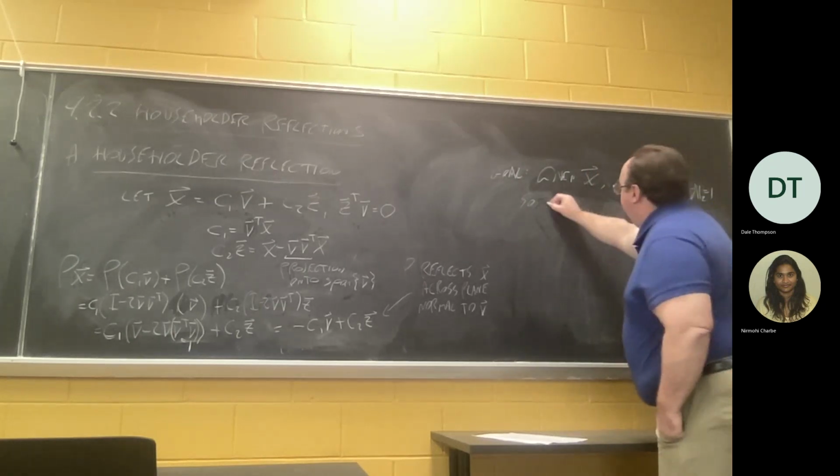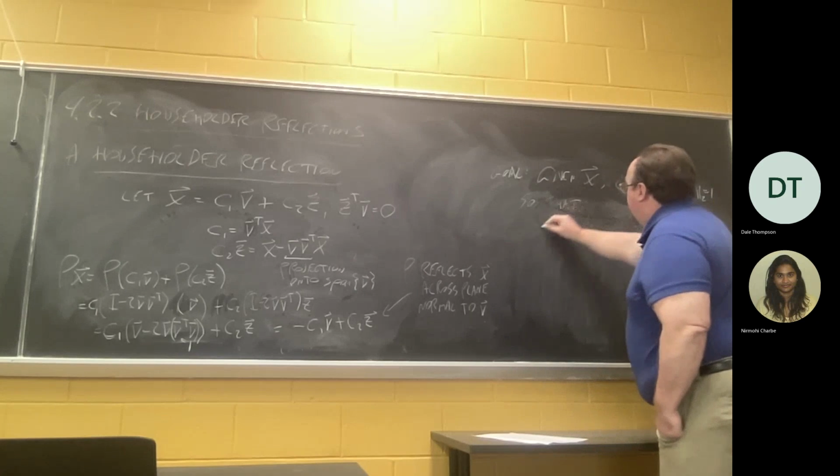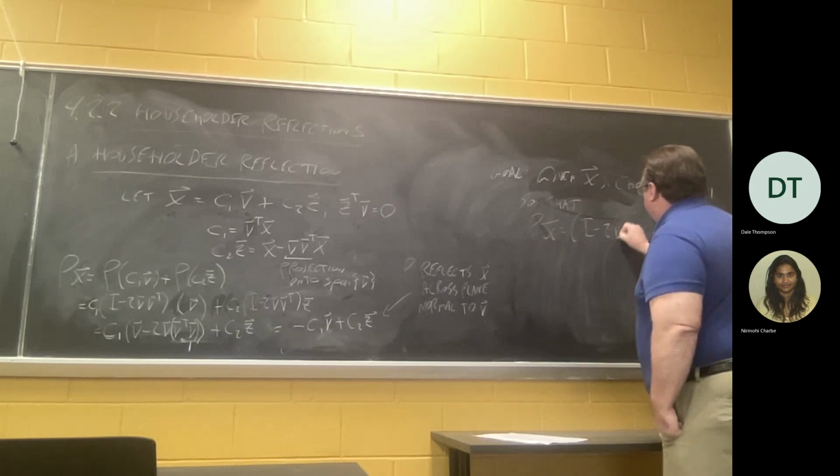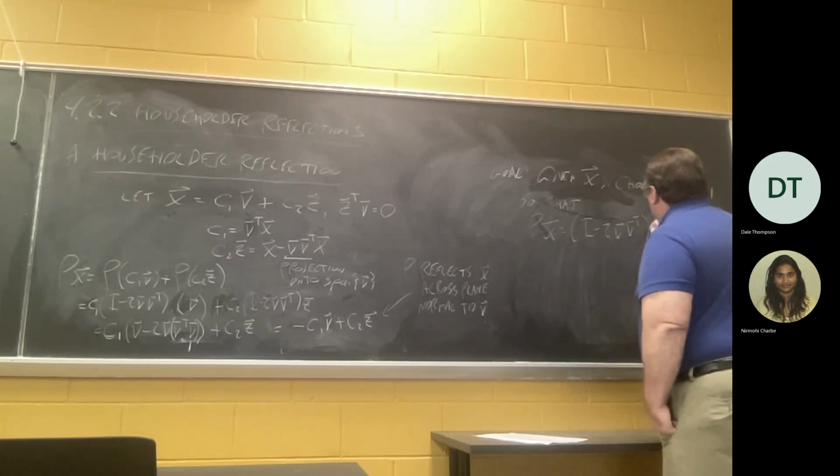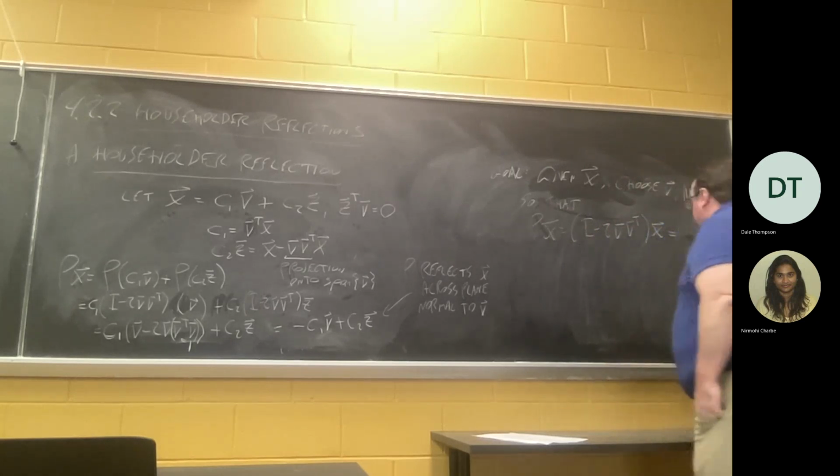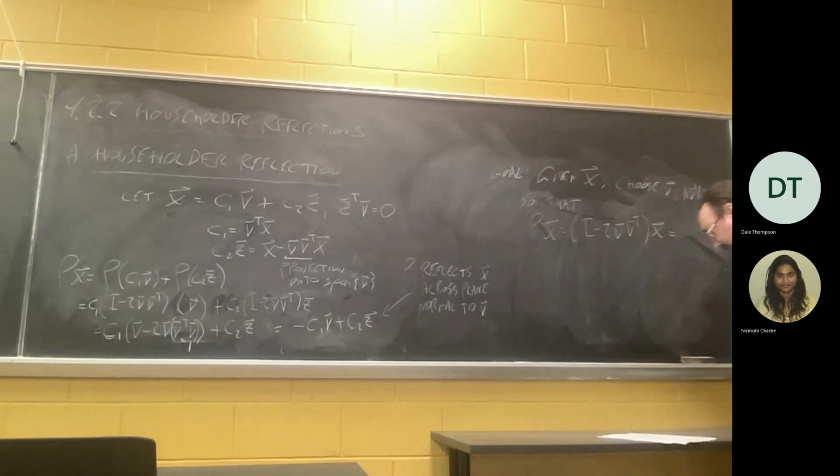So that Px, which is still defined to be identity minus 2 v v transpose times x, is equal to some scalar alpha times e1. e1 is the first column of identity, so it's a vector of all zeros except for a 1 in the first position.